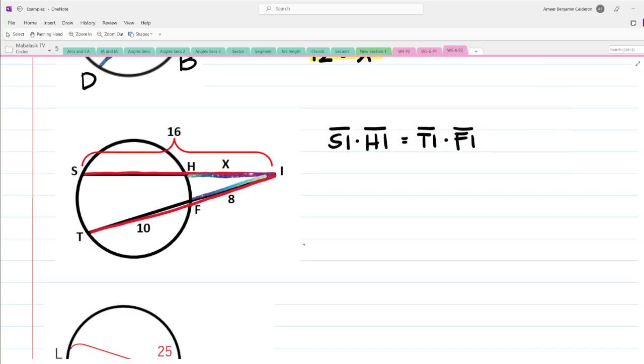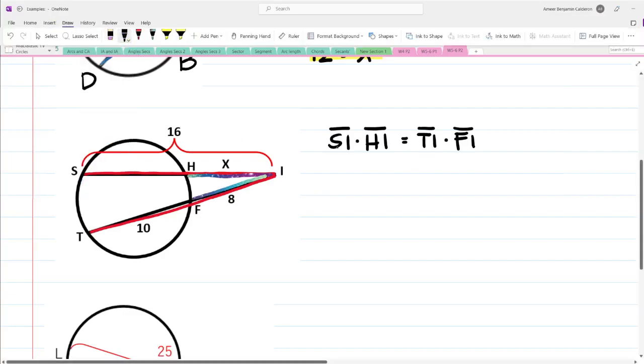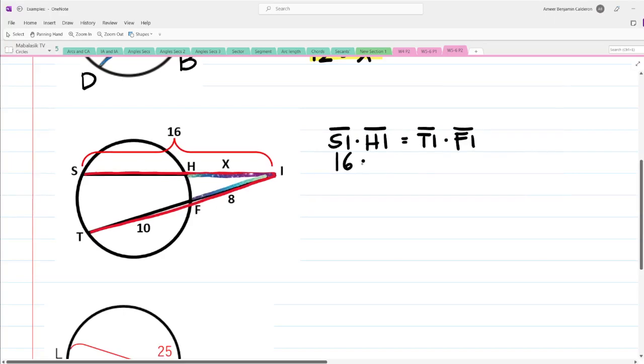Just like in our first example, after forming this equation, which is just representative of the concept, we want to substitute the values. SI here is 16 and HI is x. That will be equal to TI, that is 18.